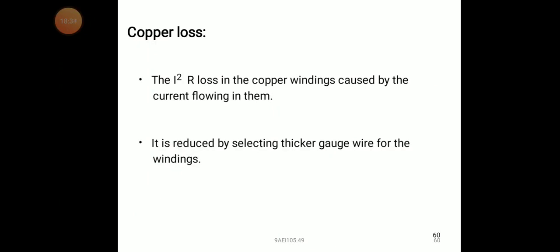That loss is called the copper loss. How can we reduce these copper losses? These copper losses can be reduced by selecting thicker gauge wire for the windings. If we use thicker gauge wire for the windings, we can reduce the copper losses.